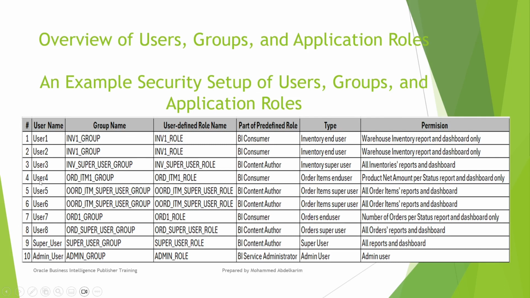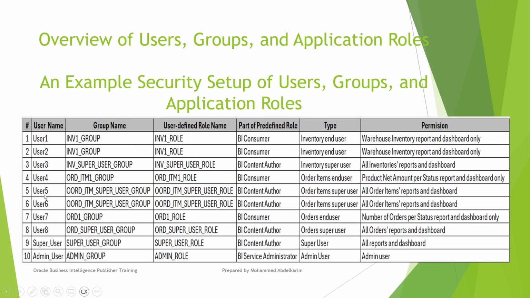The next user, user 4, is in the order item group, and will be part of the order item 1 role. He will be granted BI consumer, the type being order items end user. He can only view products, net amount, payment status report, and dashboard only.